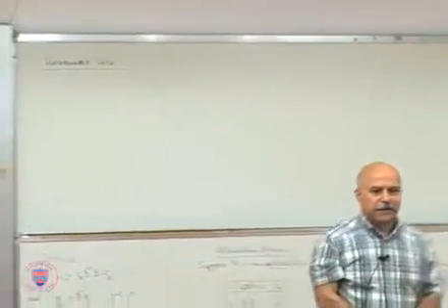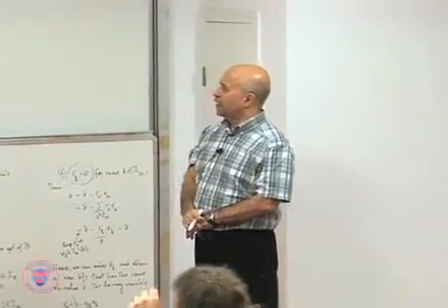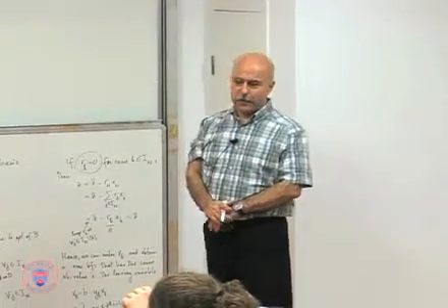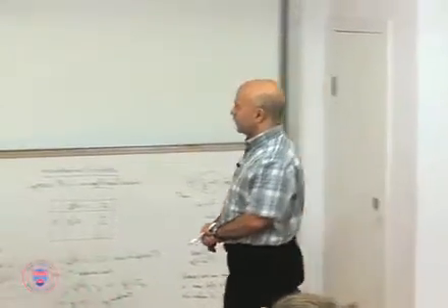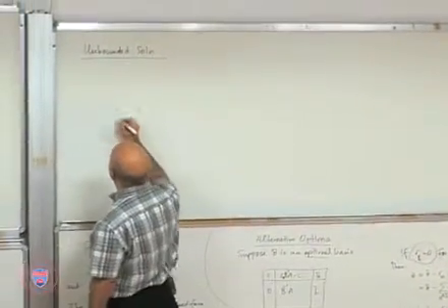Another thing that you need to worry about is the case of having an unbounded solution. The optimal cost is minus infinity if it's a minimization, or plus infinity if it's a maximization. So how do you recognize this?